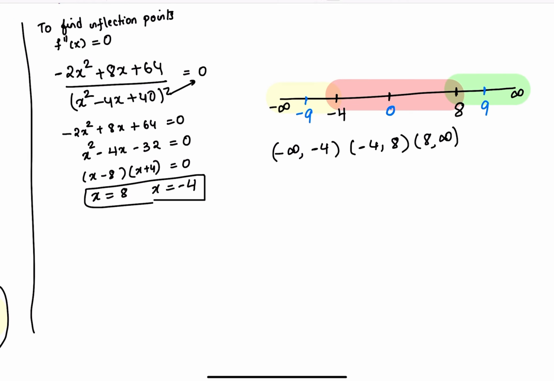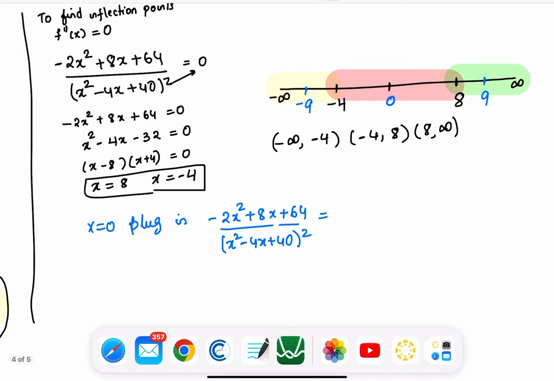So I'm going to take x equal to 0 and plug into negative 2x squared plus 8x plus 64, divided by x squared minus 4x plus 40 whole squared. Again, my goal is to see if this is going to be positive or negative. When I plug in 0, you can use your calculator. Let me show that to you.